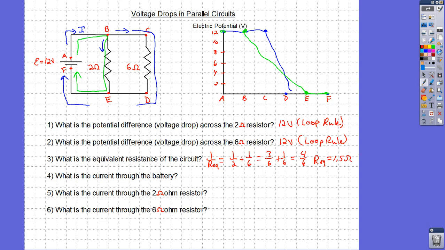So the current through the battery is going to be V over R. So we've got 12 divided by 1.5, which I believe would equal 8 volts. Now let's think about it. 9 volts, or 9 amps. 9 amps of current.